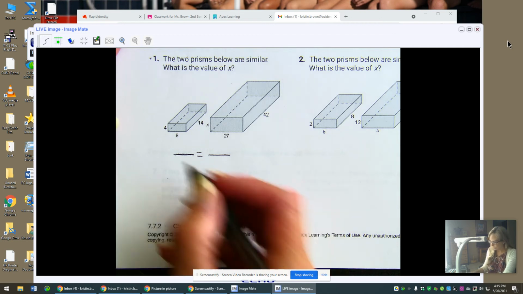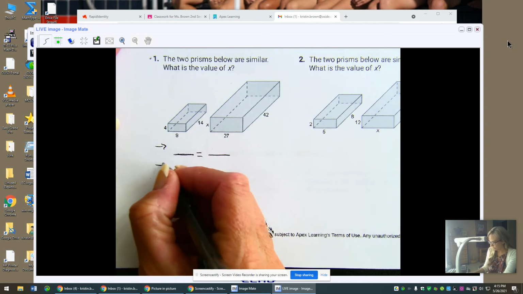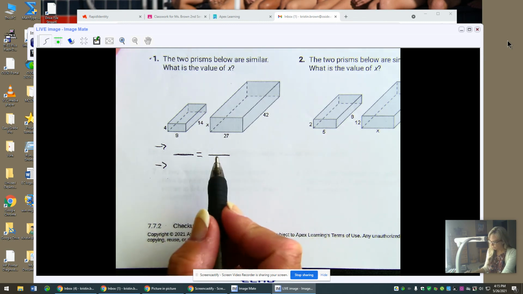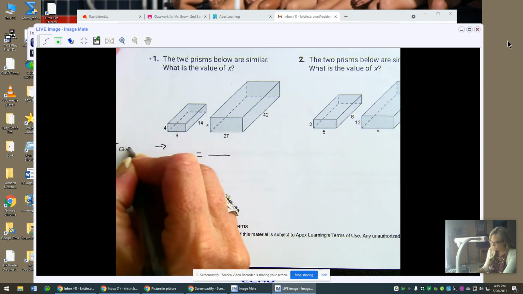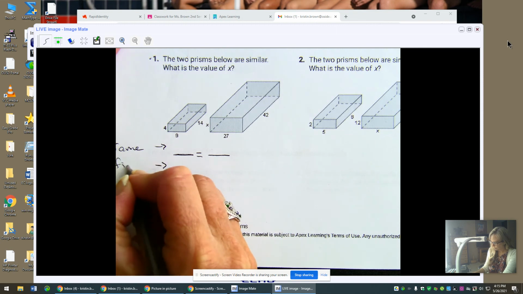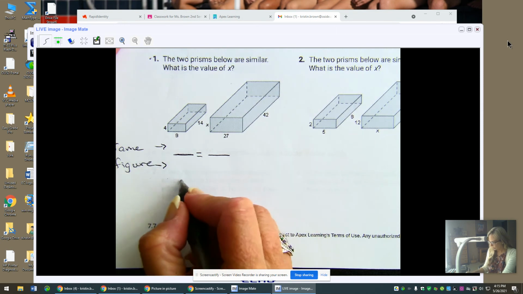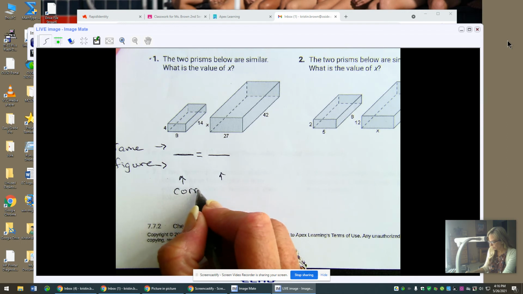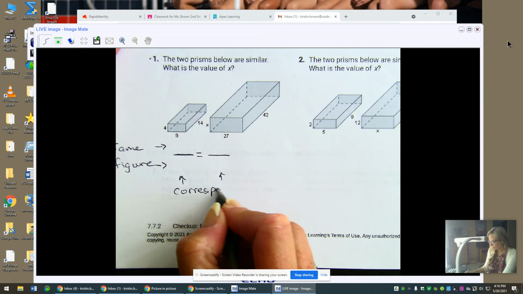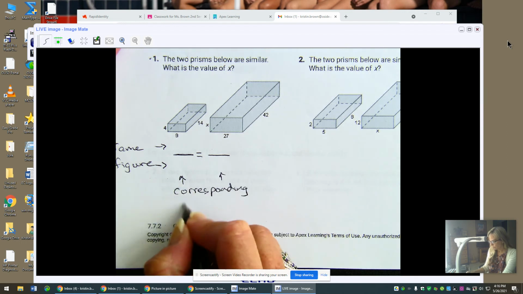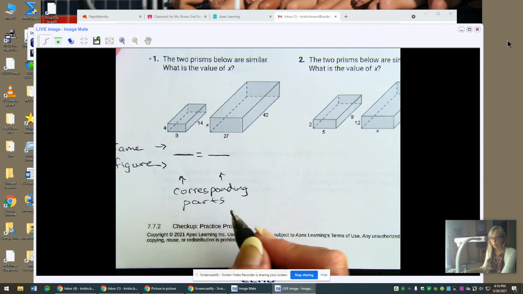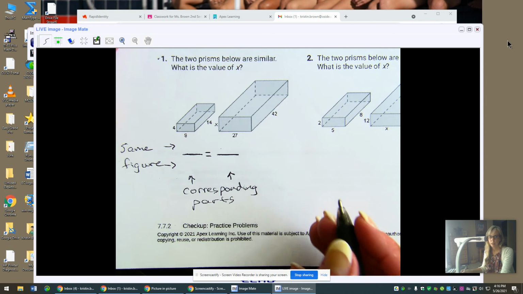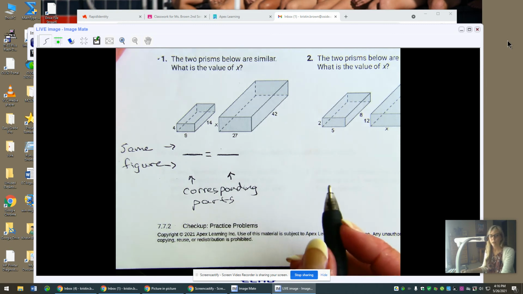And there are several ways you can set it up, but we set it up so that within the numerators, we had the same figure going this way, and within the fractions, we had corresponding parts. So that's how we'll do it consistently. Now, you could reverse that, but I don't want to confuse things. So let's just keep doing what we've been doing.